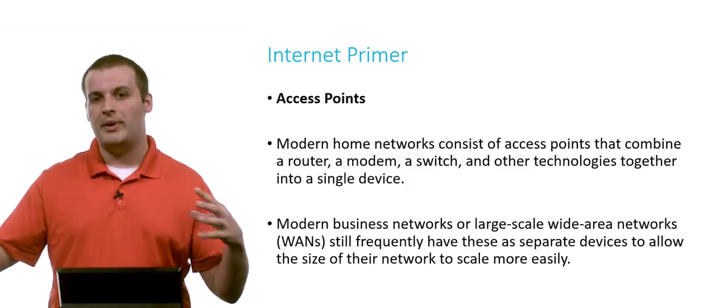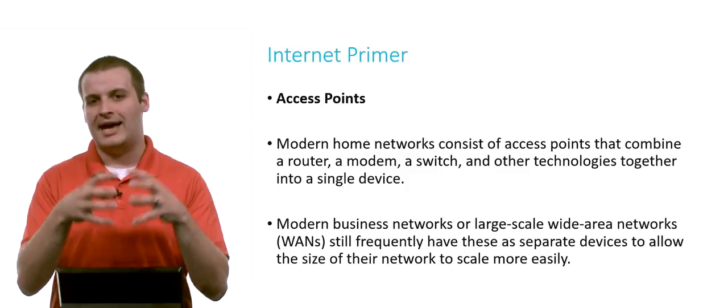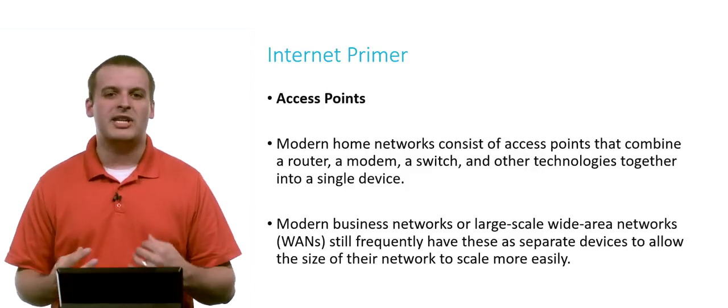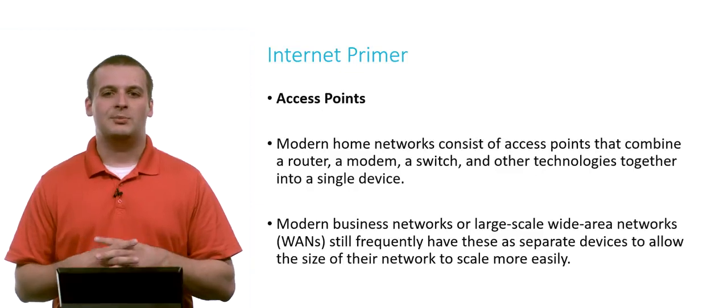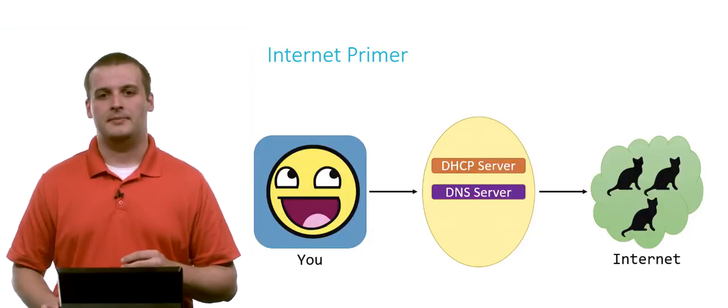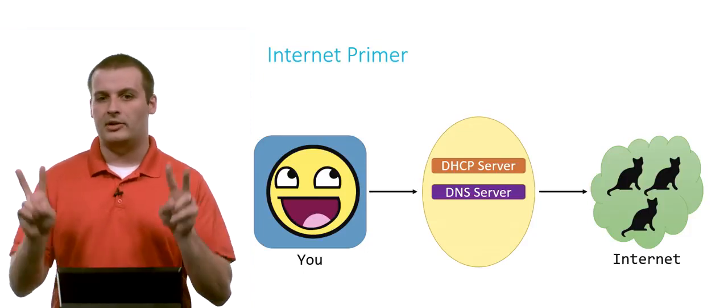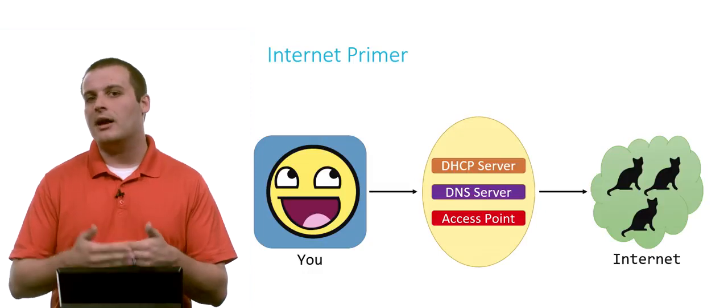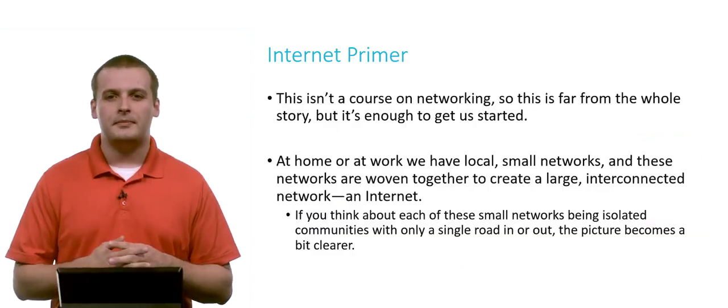Because these networks are so big, one single access point can't cover the large area. And so these large networks, business networks, etc., split these into separate devices so the network can scale and grow if needed. So again, somewhere between us and the internet, we have an access point, and that's what we connect to. And through there, we can get to the internet.